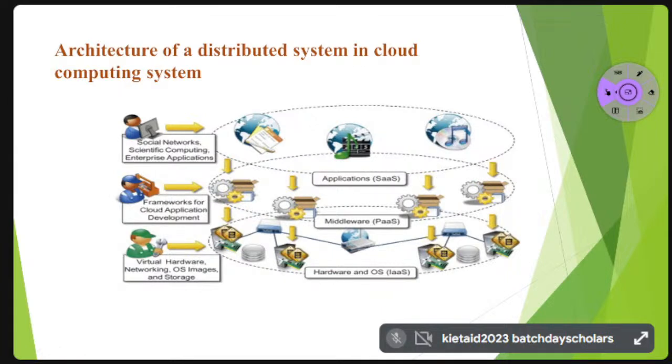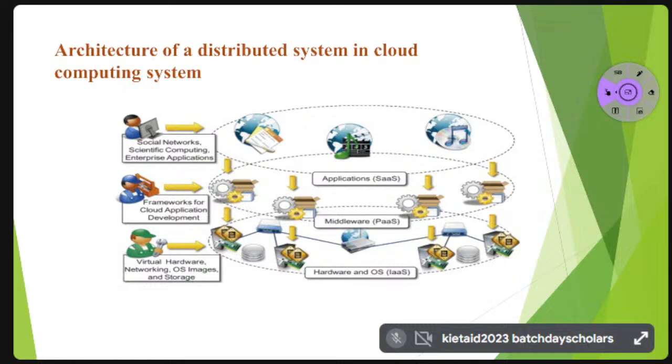That is the general distributed system. Now it is the architecture of a distributed system in cloud computing. So there are 3 layers here. First, social networks, scientific computing and enterprise applications, which end users normally use. In the bottom, framework for cloud application development, and the last one is virtual hardware, networking, OS images and storages.